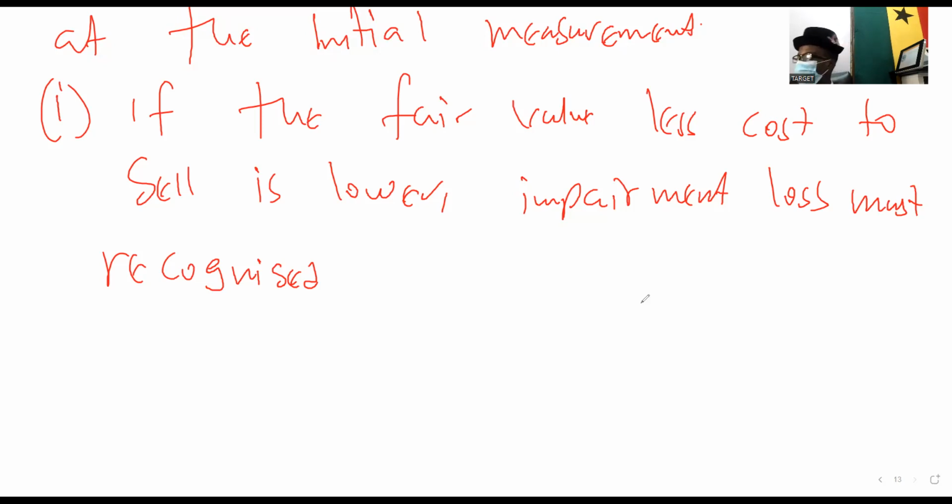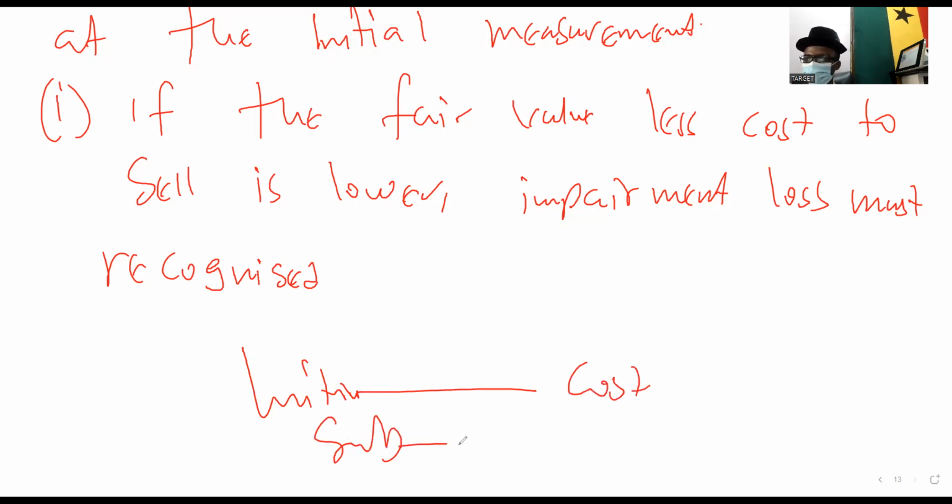Yeah, so this is part of the first measurement. Here we don't have different measurement criteria for initial and subsequent. IFRS 5 is a standard that gives the same measurement for initial and subsequent. At any point in time, you still measure the asset at the lower of what? Carrying amount and its fair value less cost to sell. So that rule runs through all. Unlike inventory, where initially we measure at cost, subsequently we measure at lower of cost and NRV.